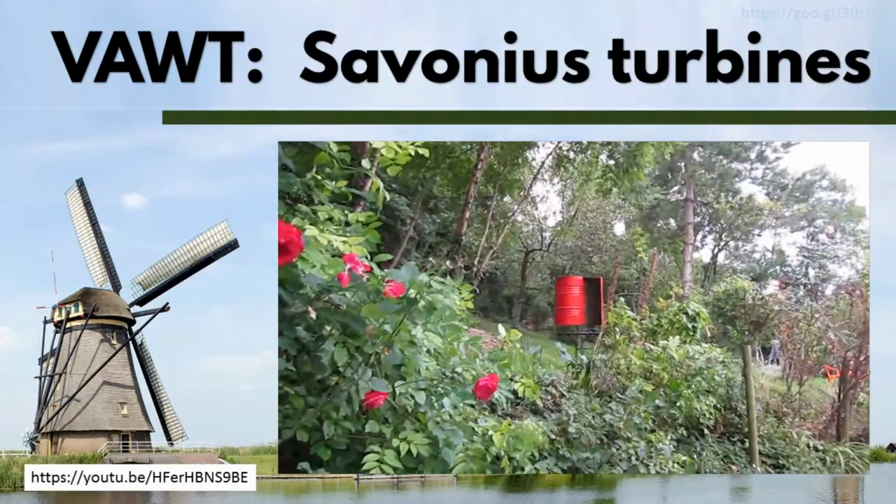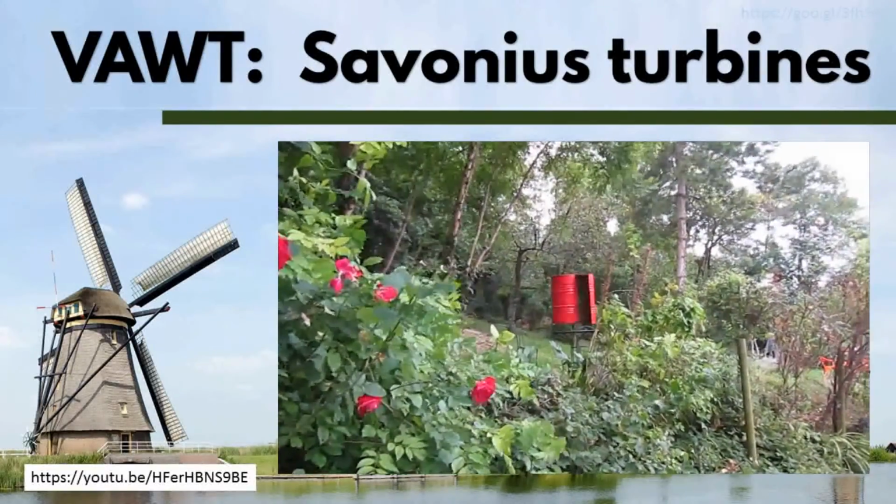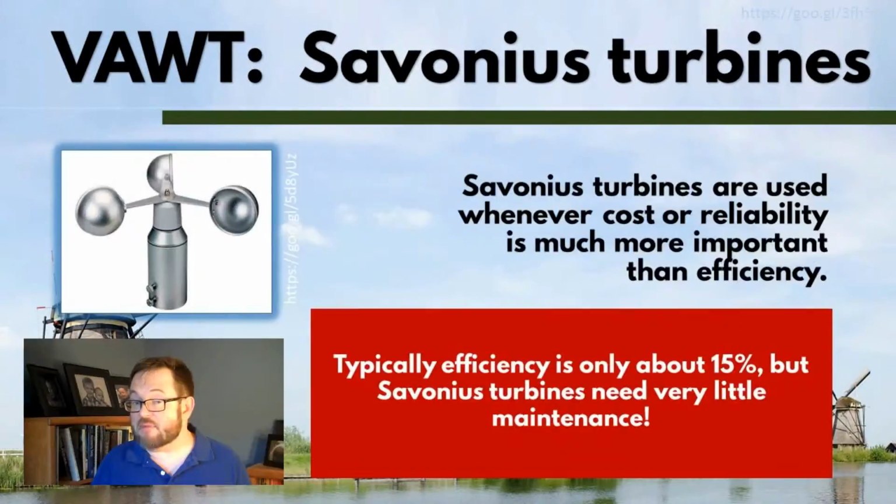They can be as simple as a cup anemometer. A cup anemometer is an example of a type of Savonius wind turbine. Remember, a cup anemometer works by producing a small amount of electricity through a little generator that's in there as it turns, and then a bit of electronics measures the voltage on the line that tells you how fast the wind is going. So that little cup anemometer is a type of Savonius wind turbine.